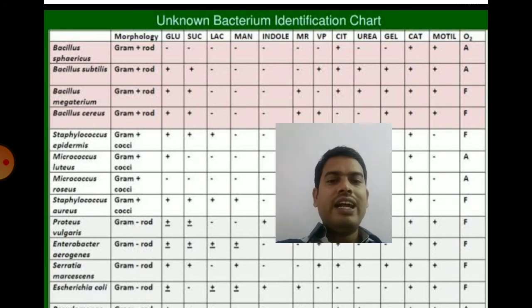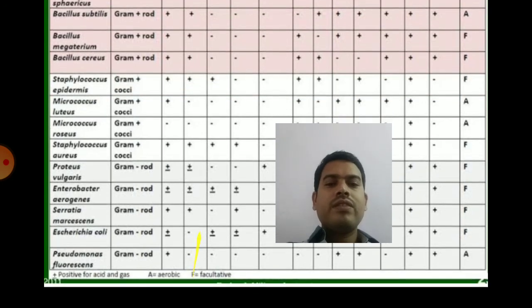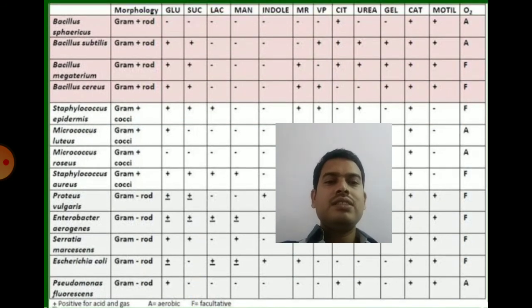You can see on the left side different bacterial species like Bacillus subtilis, Bacillus species, Staphylococcus, Micrococcus, Proteus, Enterobacter, Serratia, E. coli, Pseudomonas. So these are the different bacterial species and their morphology.